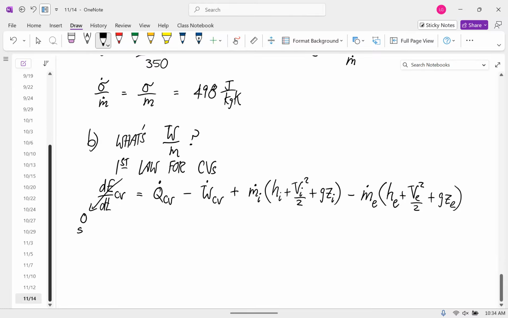This goes away because it's steady state. And so we have 0 is equal to Q dot minus W dot plus, well, we could punch all this stuff in. Let's say that those cancel. We do have speeds, so we might as well use them, but that's going to be a tiny contribution.